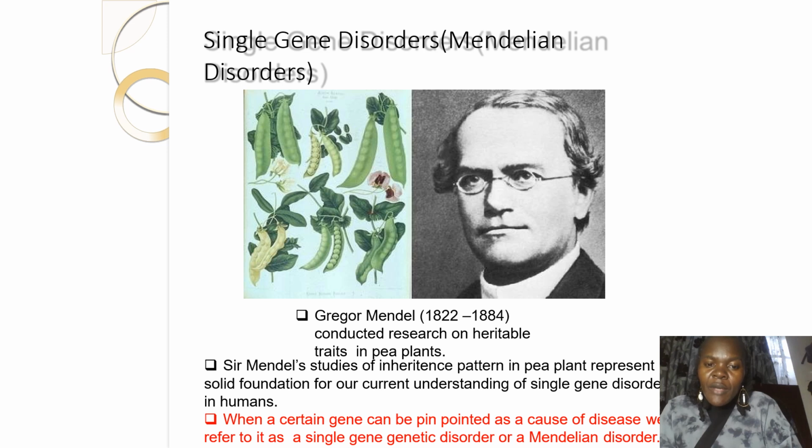We refer to them as single gene because you can pinpoint a gene which is responsible for a disorder or a certain disease in the family line or the germline. At that point, it is known as a Mendelian or single gene disorder.